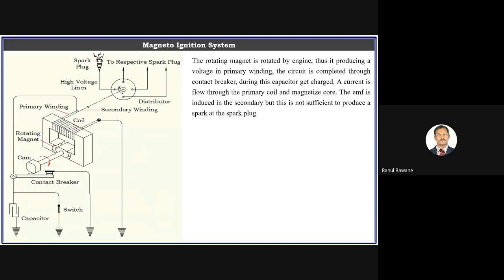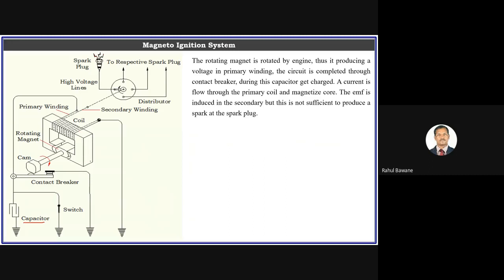When primary current is induced, the circuit is completed through this contact breaker point. Once the circuit is completed, at that time your capacitor gets charged. When the circuit completes, it produces a magnetic field in the core.